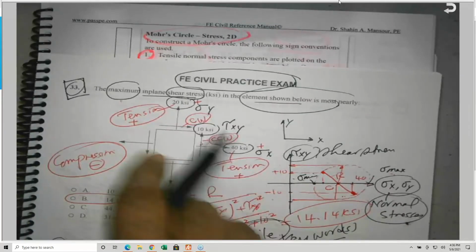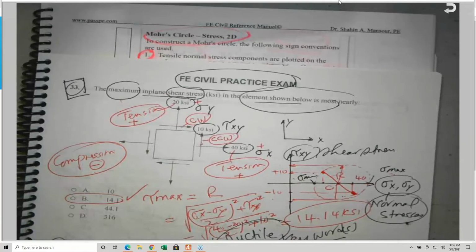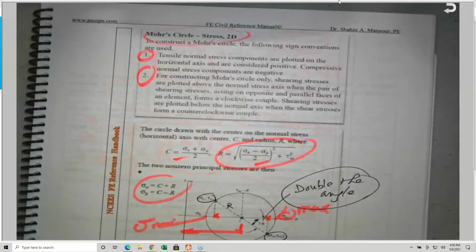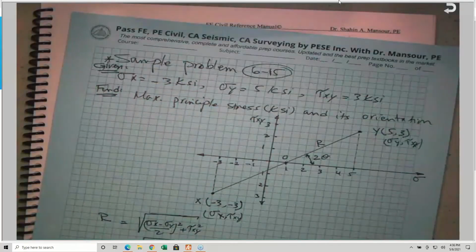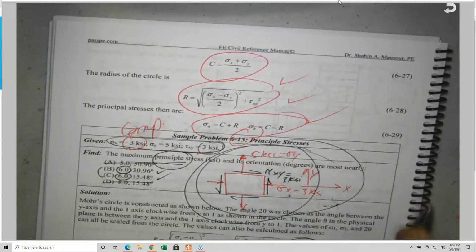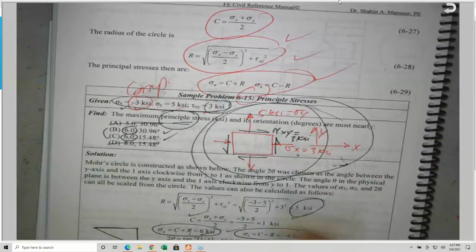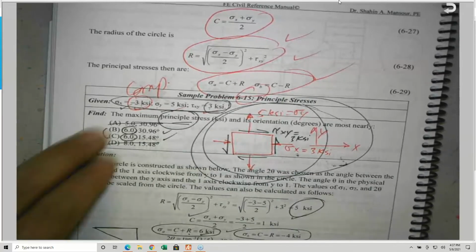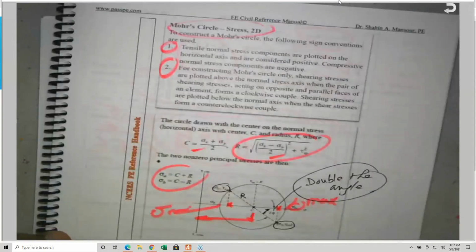After you plot the given information, or in relation to sample problem 6-15, the one we talked about last time, instead of giving you the diagram, he's giving you sigma x, sigma y, and tau xy, which is a shear stress and the 2 normal stresses. So we need to be familiar with that.